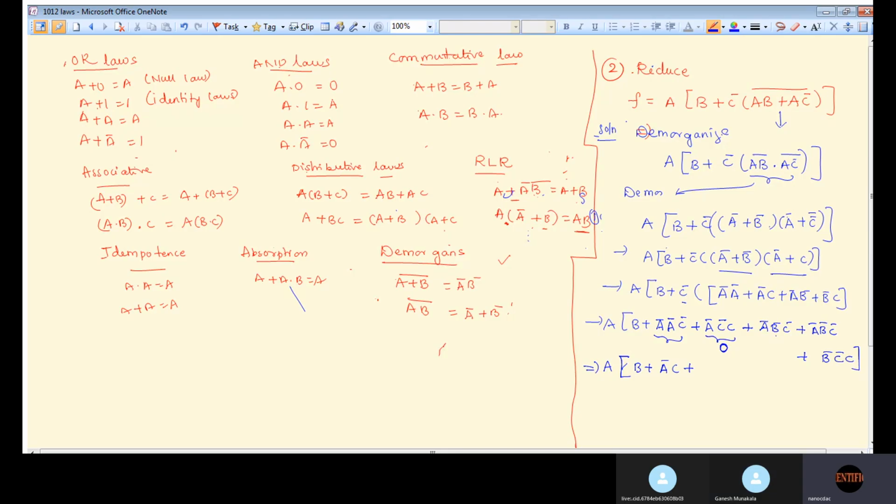C bar C. This term remains as it is. One extra term has come.